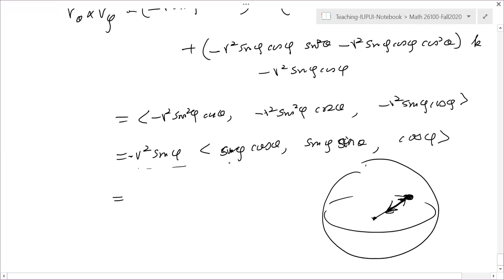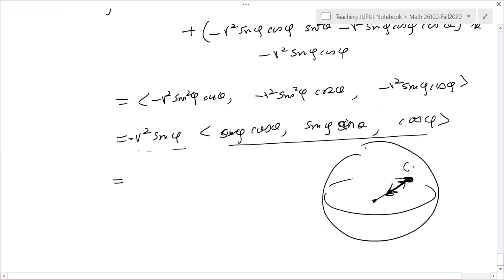Okay. You see, look at this. The point here is r sine phi cosine theta, r sine phi sine theta, and then r cosine phi, right? And this is a point, and now it's multiplied by another number.